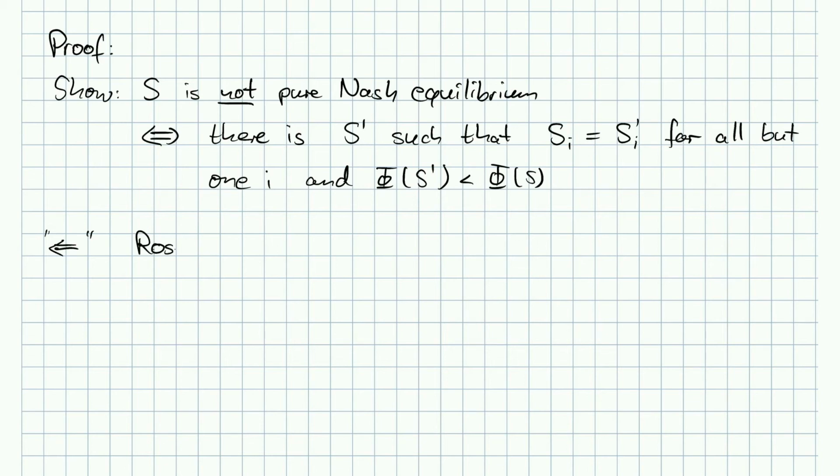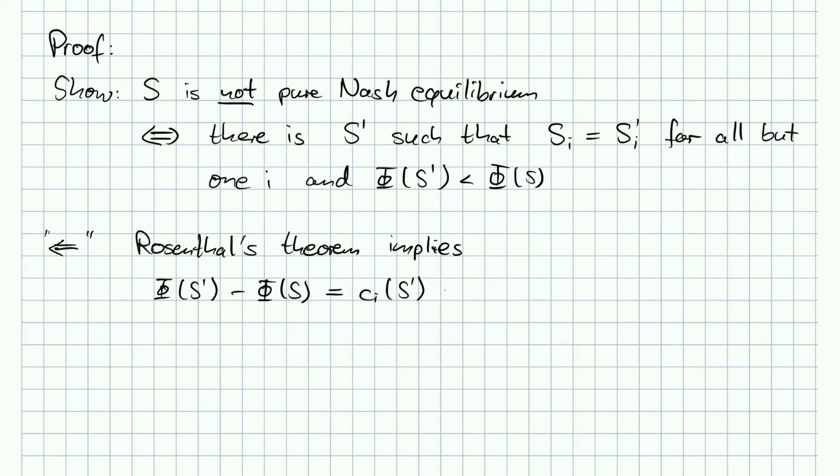So Rosenthal's theorem implies that phi of S' minus phi of S is equal to C_i of S' minus C_i of S, because all players except for player i do exactly the same.